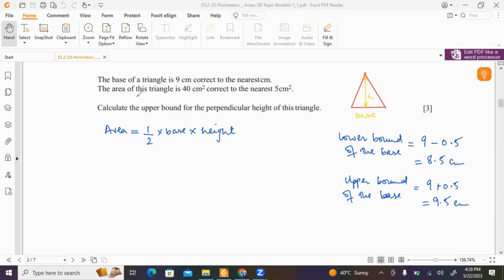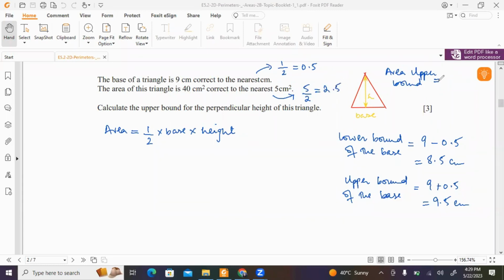Similarly, for the area, for the upper bound, since it was nearest centimeter, we did 1 divided by 2, 0.5, and for nearest 5 centimeters square, we're going to do 5 divided by 2, which is 2.5.